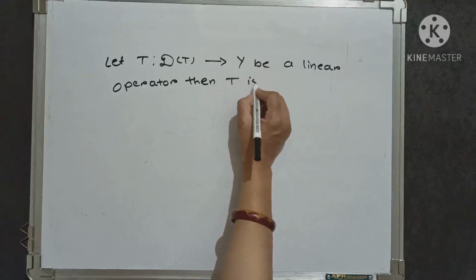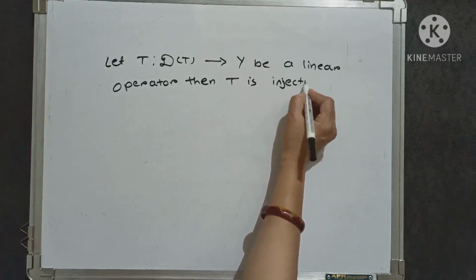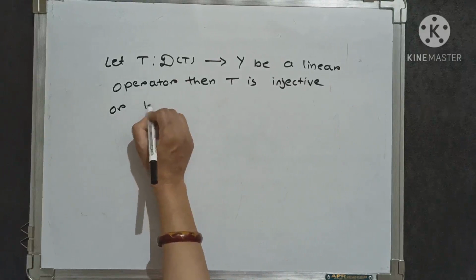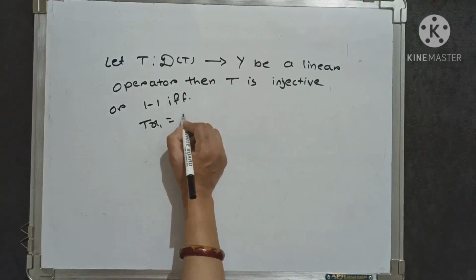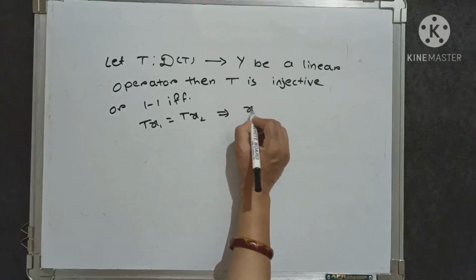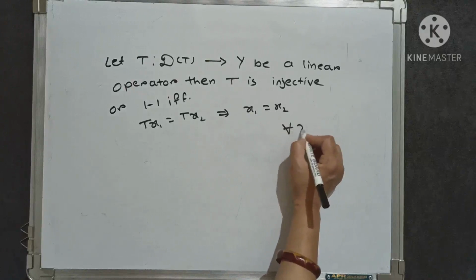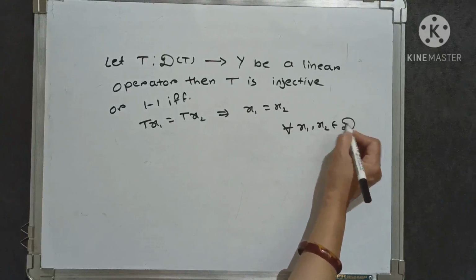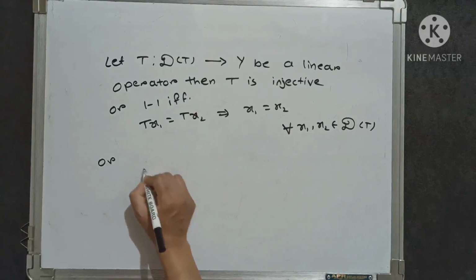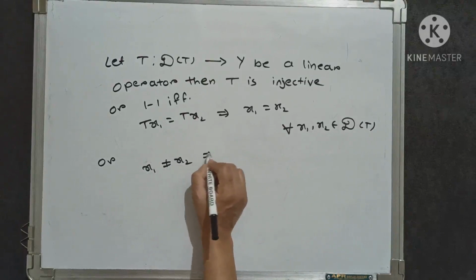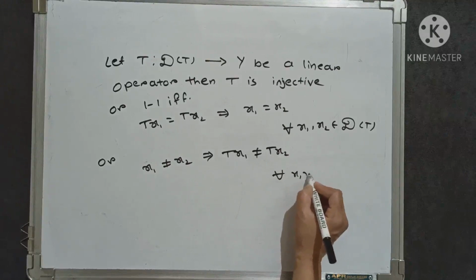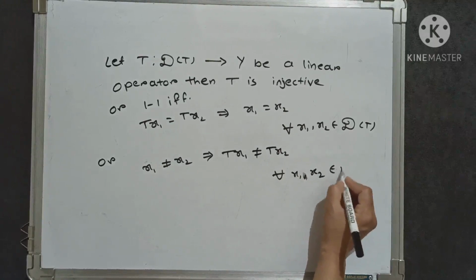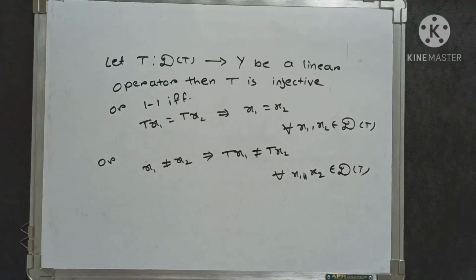Then capital T is injective or one-one if and only if Tx1 equals Tx2 implies that x1 equals x2 for all x1, x2 belonging to the domain script D of T, or x1 not equal to x2 implies that Tx1 not equal to Tx2 for all x1, x2 belonging to script D of T.